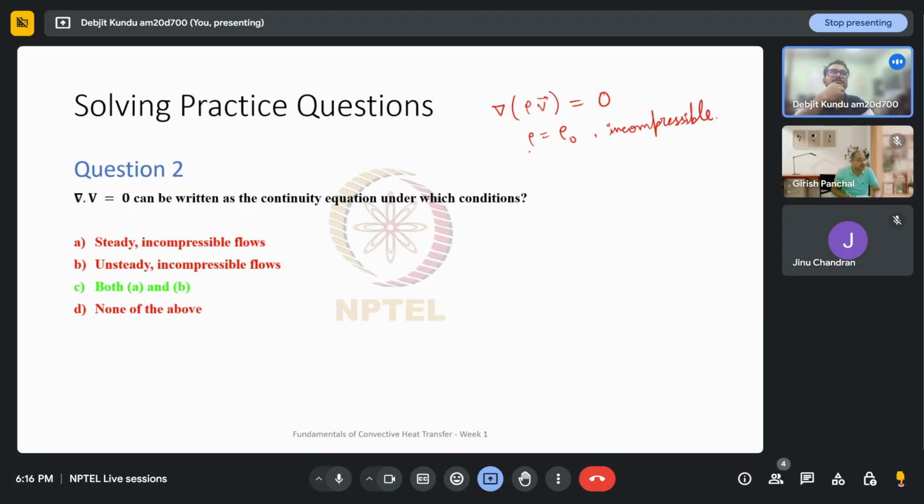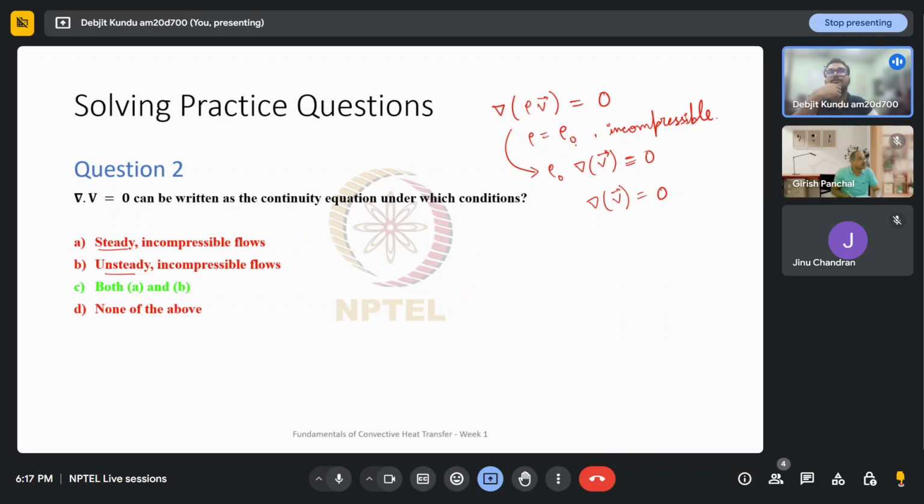So if it's constant, we can take it out, and this equation then becomes this being equal to 0, and we can get rid of rho and simply say that divergence of V should be equal to 0. And this is true irrespective of the flow being steady or unsteady, because rho itself is constant. It does not change with space, it does not change with time.